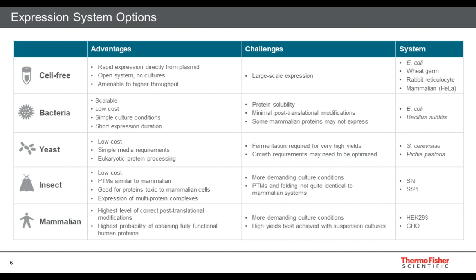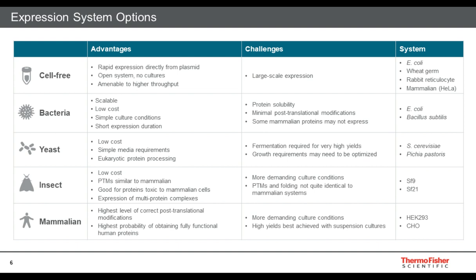The workhorse of expression systems is bacteria, and that's because this system is nice in that it's scalable, it's relatively low cost, it requires simple culture conditions, and the expression time is usually short in duration. There may be some issues, though, with expressing certain proteins in bacteria.